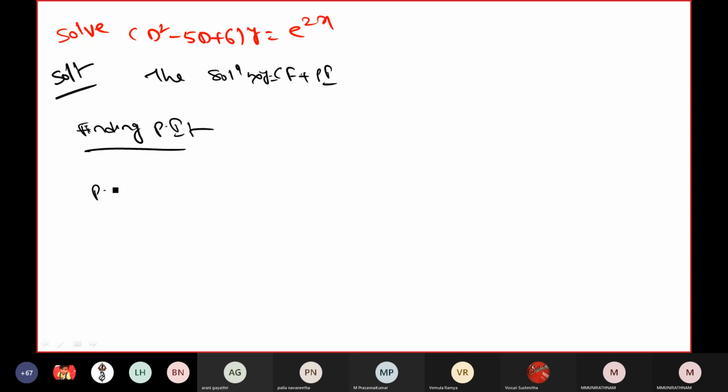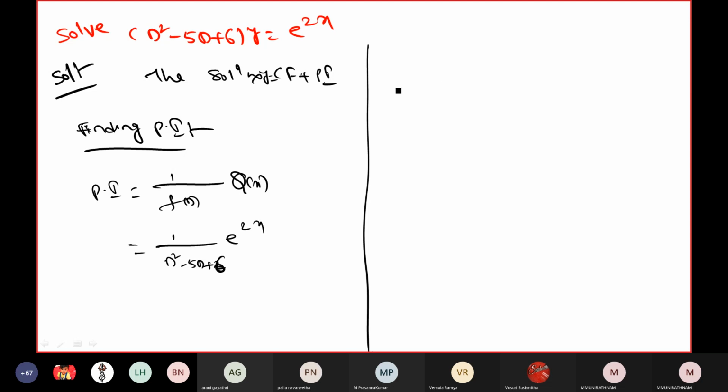Finding PI. So what is PI? చూడమ్మా. So చూడండి note and రాసుకోండి.